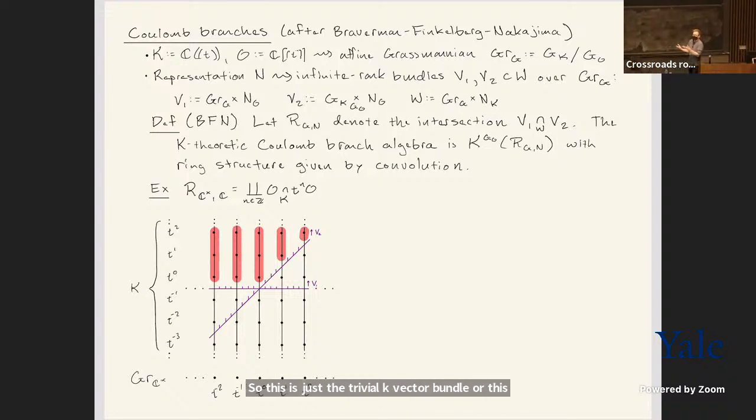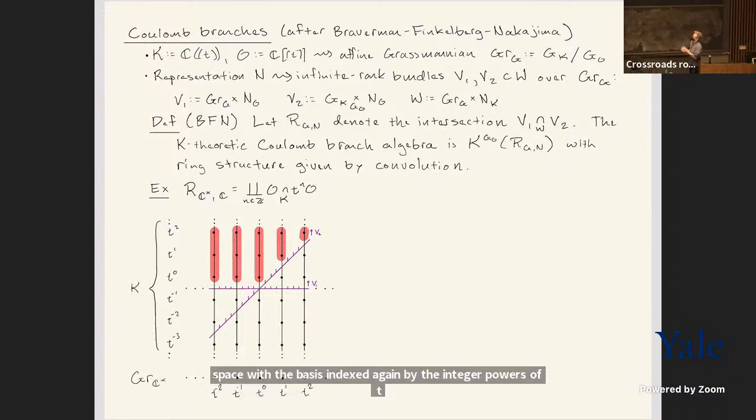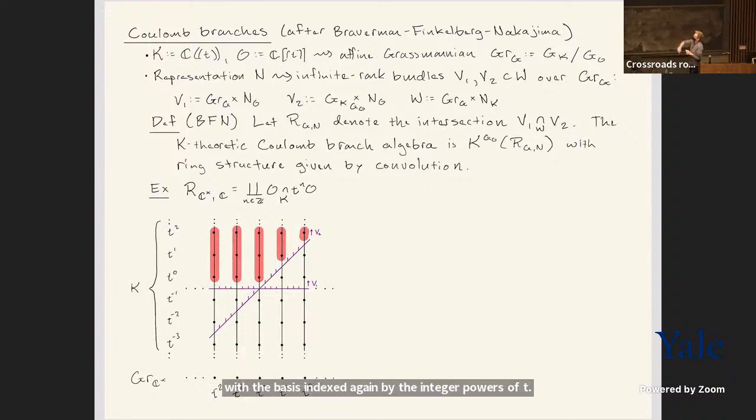K is an infinite dimensional vector space with the basis indexed again by the integer powers of t. And I'm going to depict each of those copies of K as just a line with a bunch of beads on it, one bead for every element of this basis. So altogether, R_{C*,C}, I'm going to draw as a countable disjoint union of a bunch of lines, each with countably many beads on it. So that's my picture. So there's W.